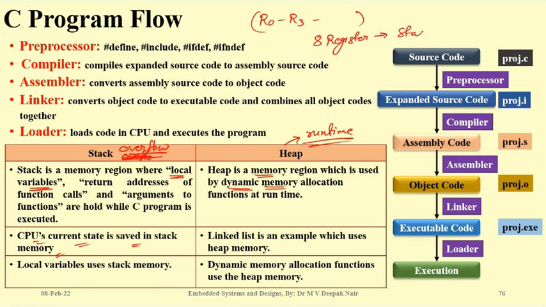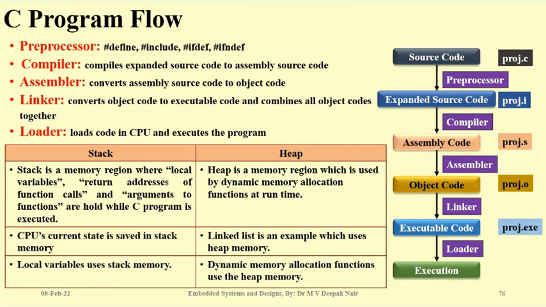So the stack covers all the related registers in the CPU, and all the current state of the CPU is stored into the stack. Of course, like I said, local variables are also stored in the stack memory. It is not mandatory that only interrupts use the stack; call functions also use it.